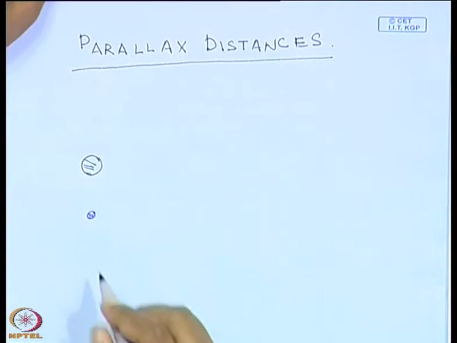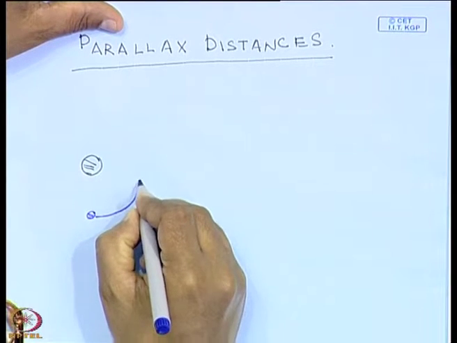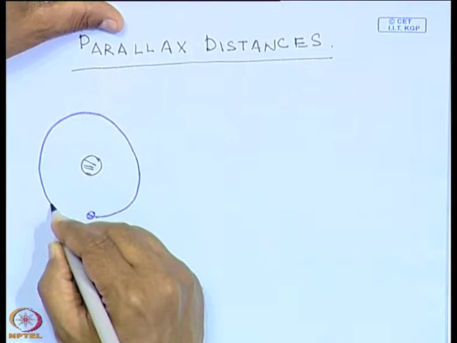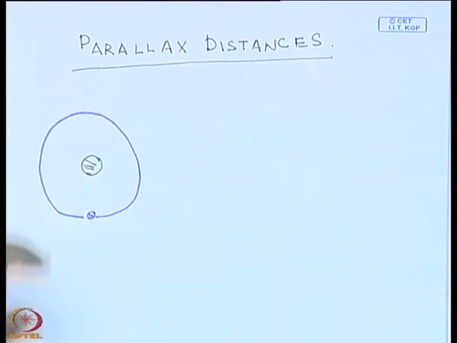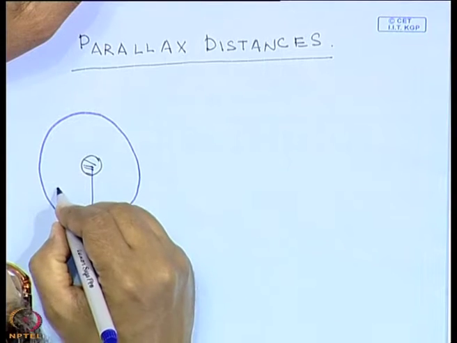They are obviously not drawn to scale, and the earth goes around the sun once every year. And the radius of this circular orbit is very well known, it is one astronomical unit.